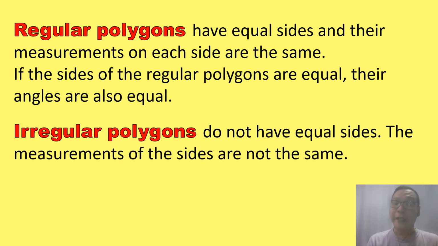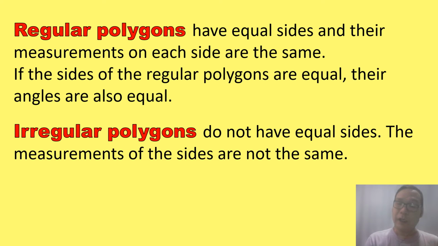So, on the other hand, irregular polygons do not have equal sides. The measurements of the sides are not the same. For example, in set B, the polygons that I showed to you earlier, as you noticed, they have different measurements of the sides. Iba-iba yung sukat ng kanilang mga sides.